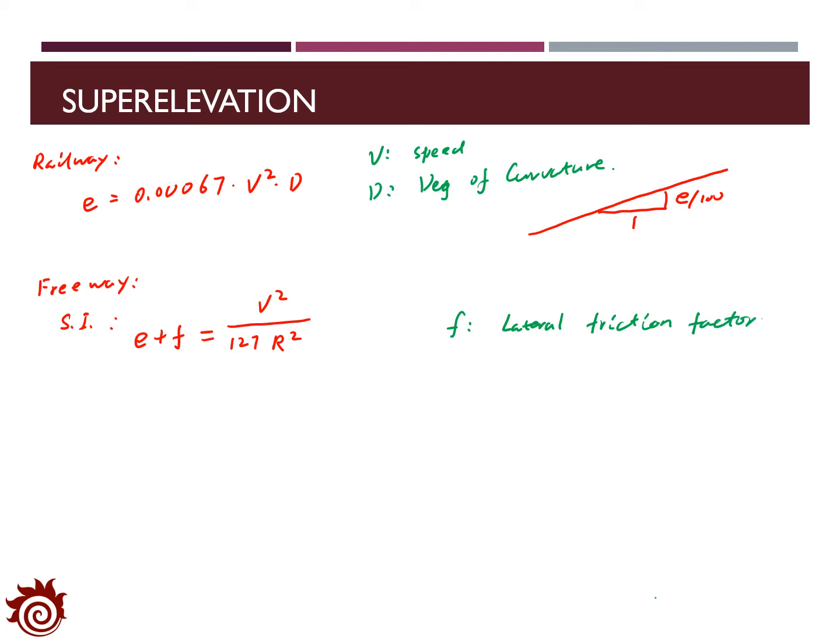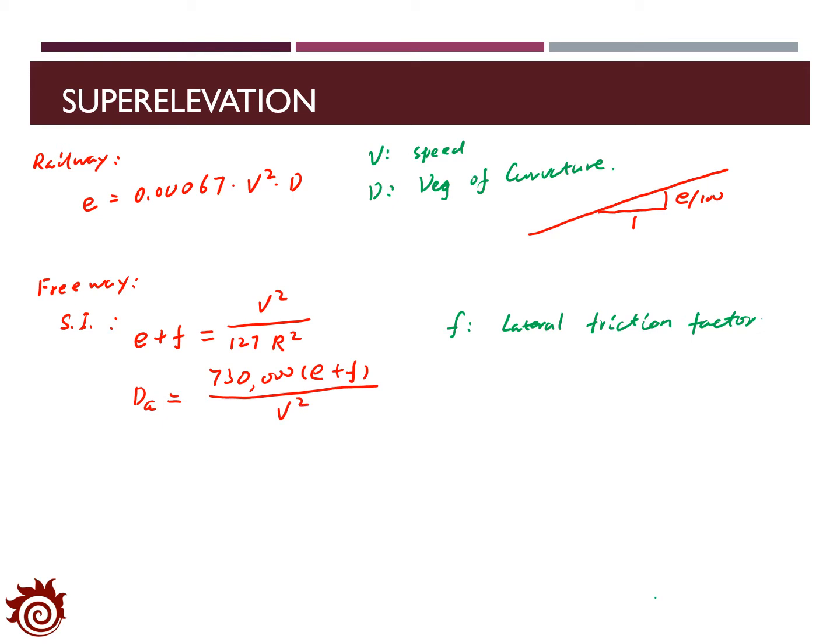And we can also find out the degree of the curvature with the arc definition as 730,000 times E plus F divided by V squared.